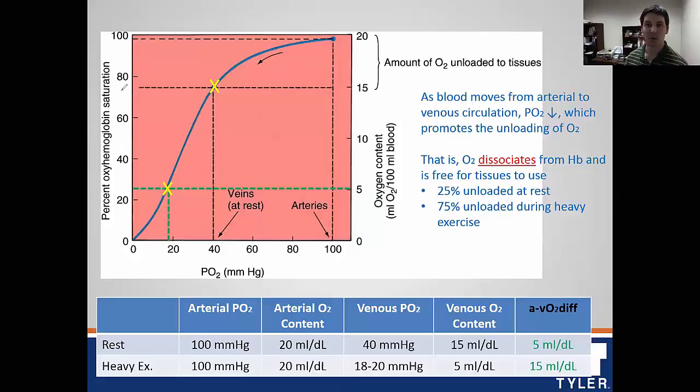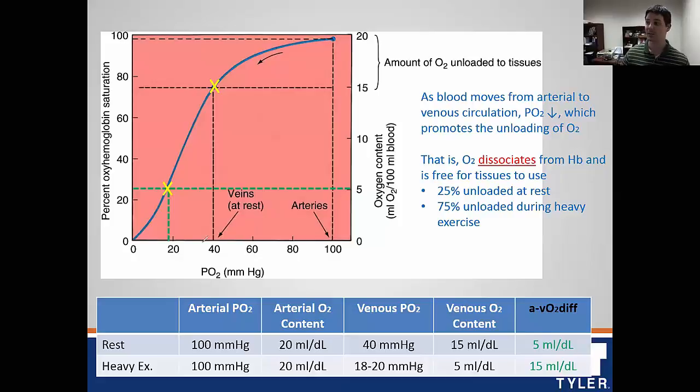Remember, at rest, we only dump off 25% of the oxygen that leaves the bound hemoglobin and goes into the tissue. At heavy exercise in the muscle, because of this stark decrease in PO2 due to oxygen consumption, we now have a PO2 of about 18 to 20, which means the sharp curve says that we're going to dump almost all, about 75% is unloaded during heavy exercise to provide more oxygen to working tissues.